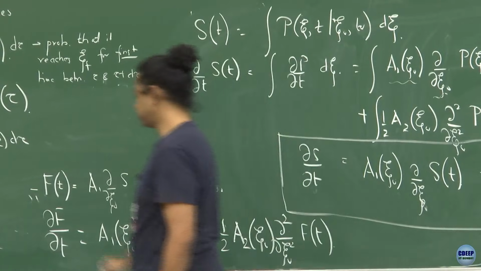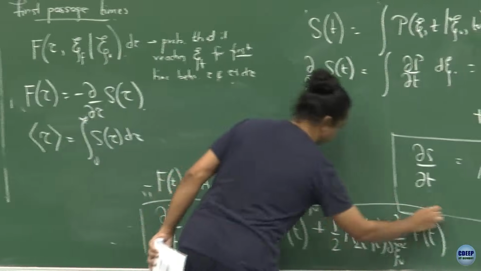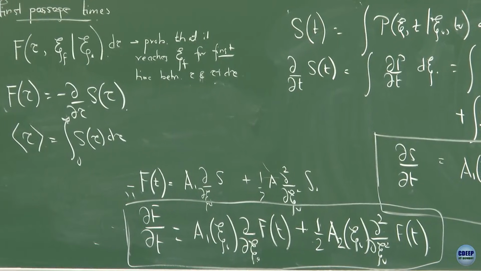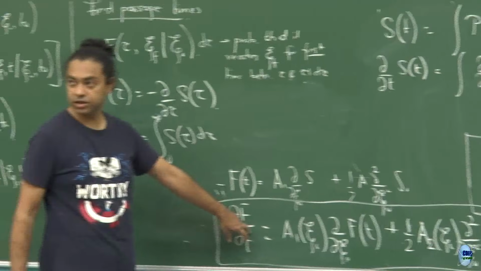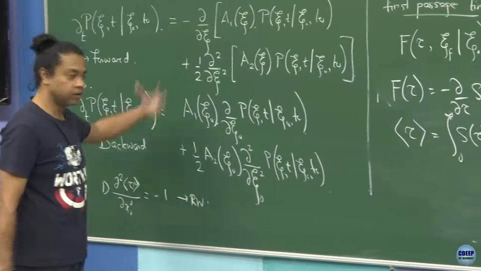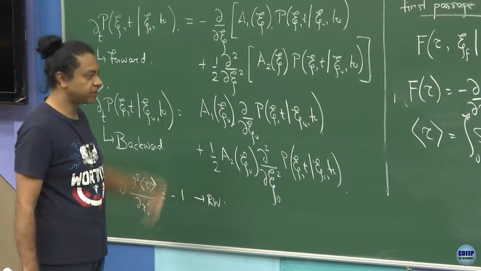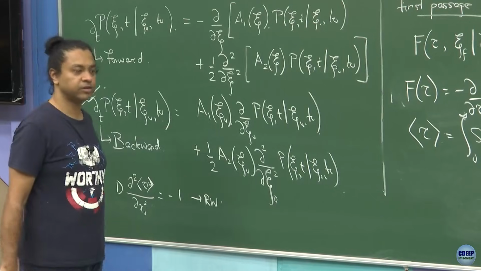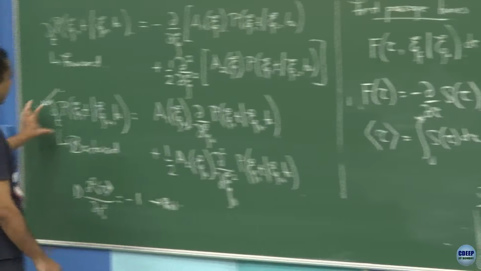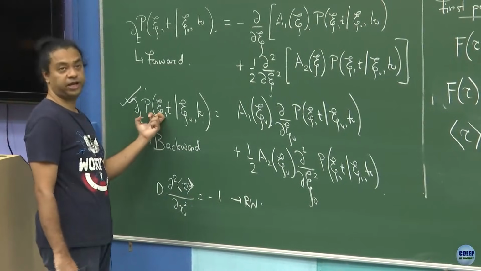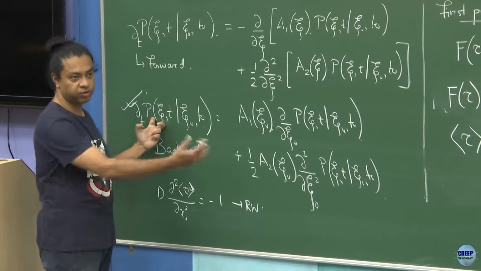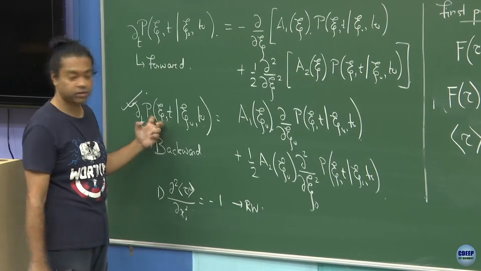So the survival probability and therefore the first passage probability both obey exactly the backward equations. That is why, when solving for these times, it is the backward equation that is most useful. In this backward equation, you can either have P of xi, or S, or F. It is the same equation obeyed by all three of these quantities.